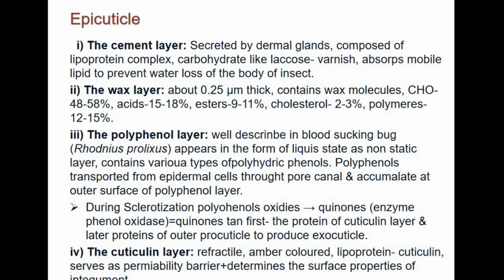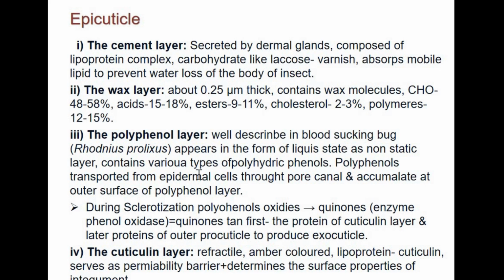The polyphenol layer is described in the blood sucking bug, especially in Rhodnius prolixus, and appears often in the liquid state as a non-static layer containing various types of polyhydric phenols like hemocatechol, protocatechol, dopacatechol, hydroquinone, pyrogallol, and so many.